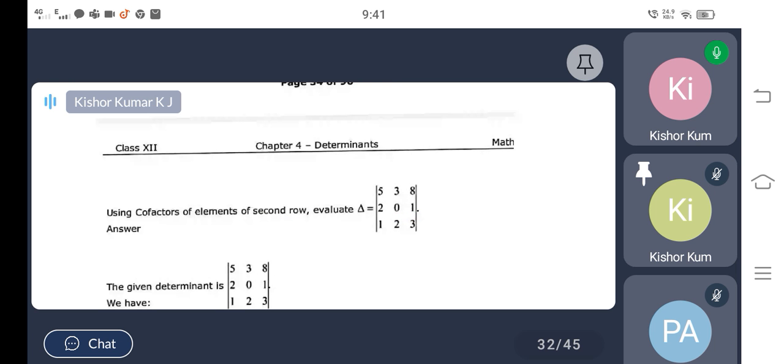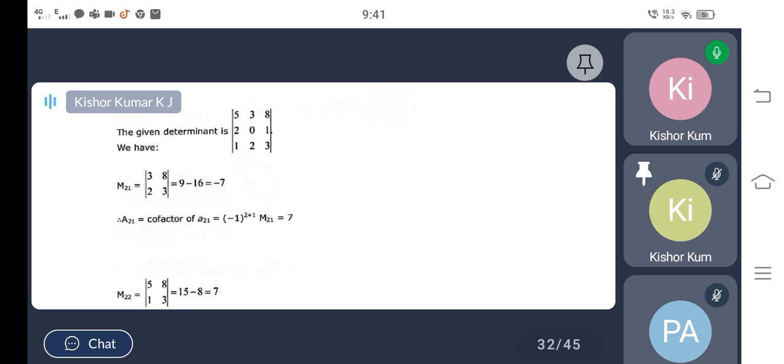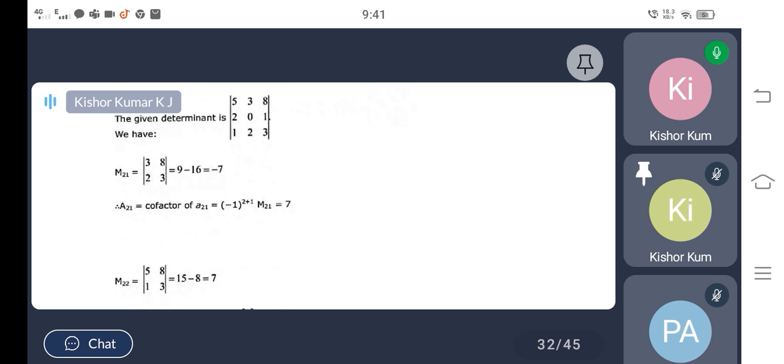So here, first I will consider the minors and with respect to them the cofactors. You can observe the second row 2 0 1. The first element will be 2, A21, correct? No, this is the first element. So for this, we need to calculate the minor, which is M21. M21 is equal to, consider the element.